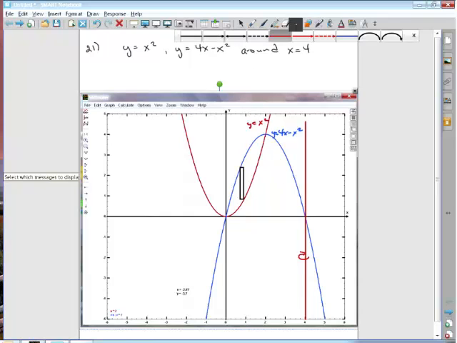So it'll create a shell. And it's going to have a radius. So p of x is the radius. And it's a function of x because we're going to move this back and forth in the x direction. And then we have h of x, which is the height of the rectangle. So this is h of x.